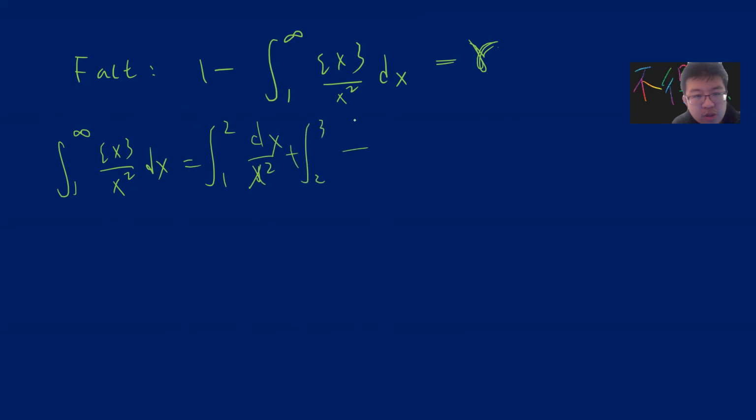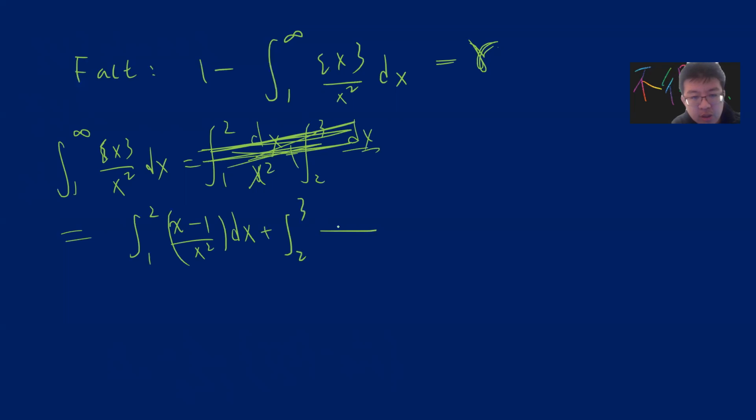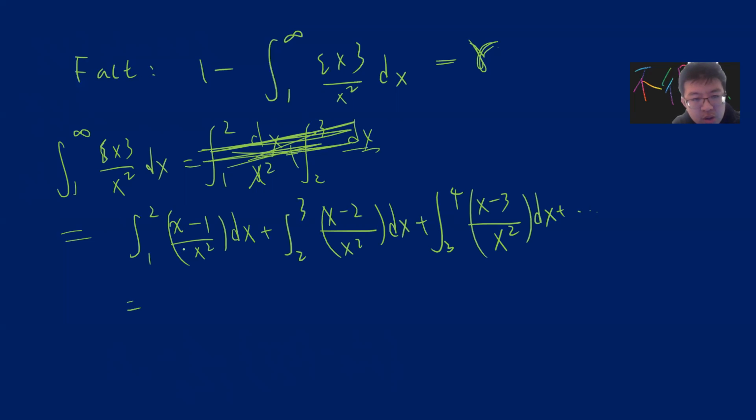Then from 2 to 3, the integral of (x minus 2) over x squared dx, and from 3 to 4, (x minus 3) over x squared dx, and just keep going. Sorry, I'm stupid.